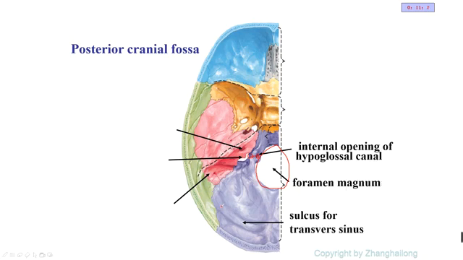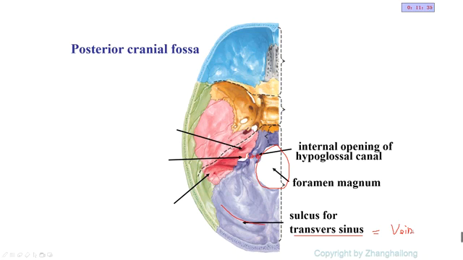Okay, now you see the back. There are the sulci. This sulcus is for the transverse sinus. What's the transverse sinus? It belongs to the veins, V-E-I-N, one kind of blood vessel. And this is a very, very special vein because it's not formed by blood vessels.